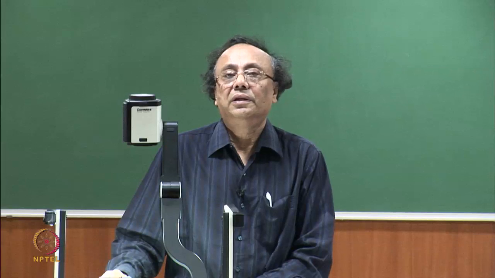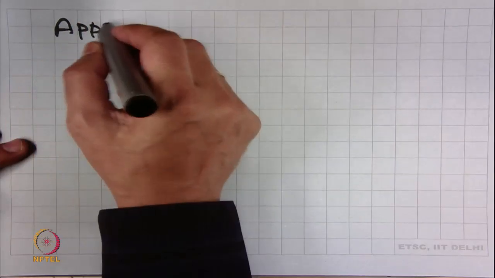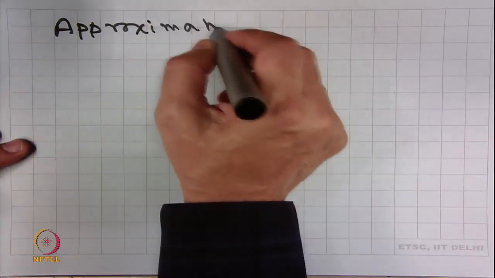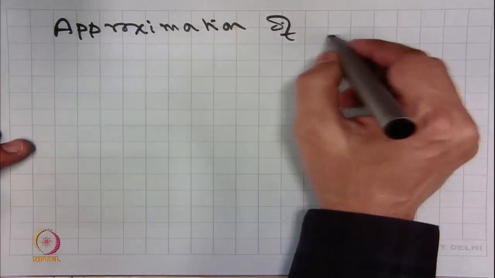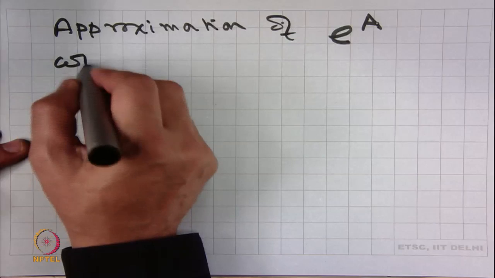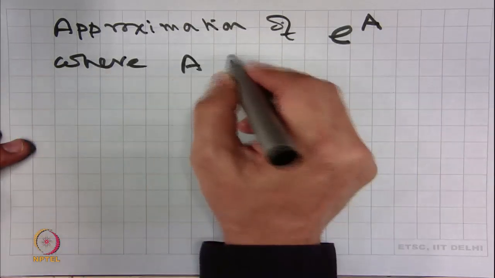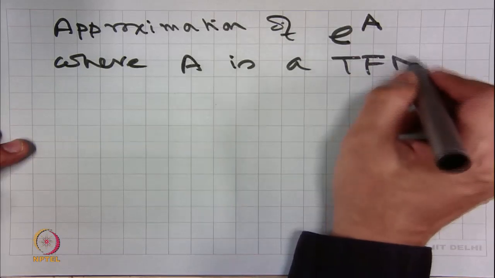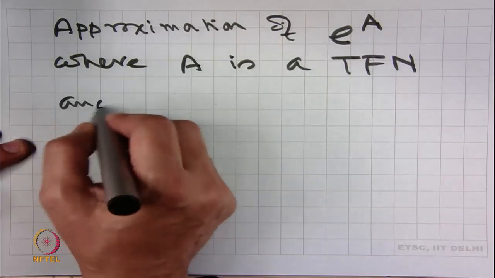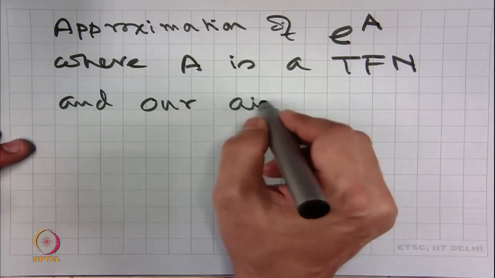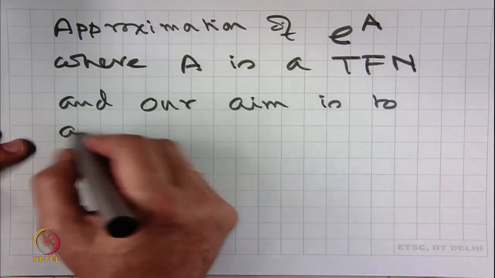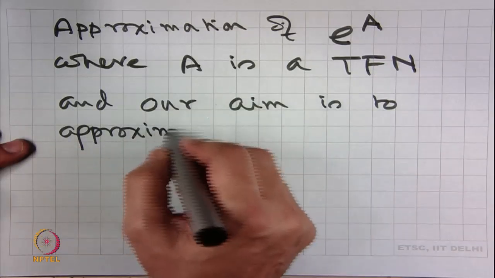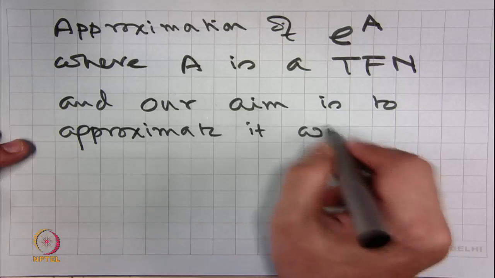Okay, students, let me consider another problem for approximation of exponentiation of fuzzy numbers: e to the power A, where A is a TFN, that is a triangular fuzzy number, and our aim is to approximate it with another fuzzy number.